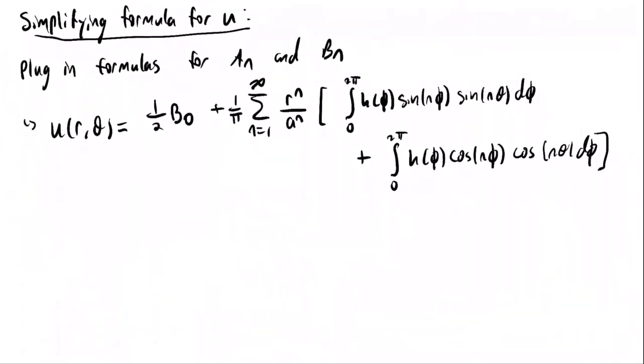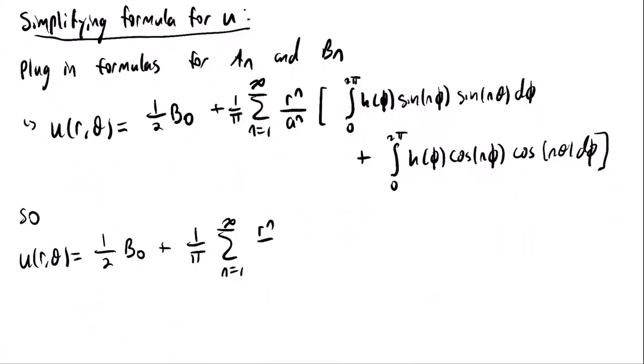And so now let me combine everything here. We end up with u of r, theta equal to 1/2 b naught plus 1 over pi times the sum from n equals 1 to infinity. Let's combine these two integrals.